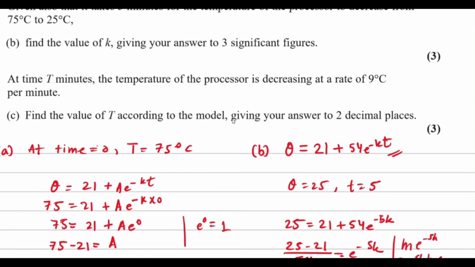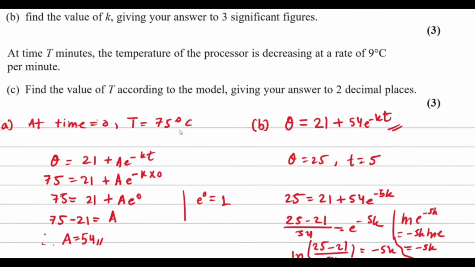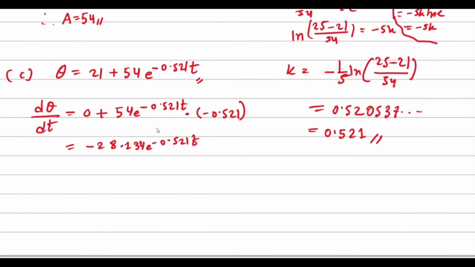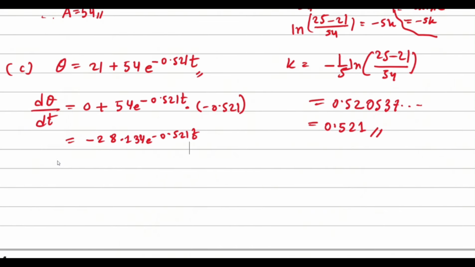Now in the question we are told to find the time at which the temperature of the processor is decreasing at a rate of 9. This means that we have to find the time for which our d theta by dt value would be equal to 9. Our rate would be equal to 9. So what we have to do is equate d theta by dt with 9.